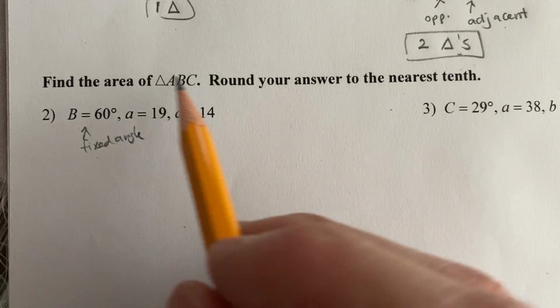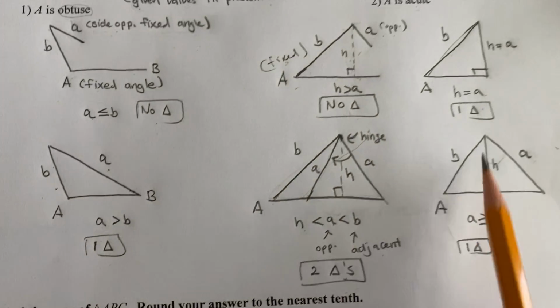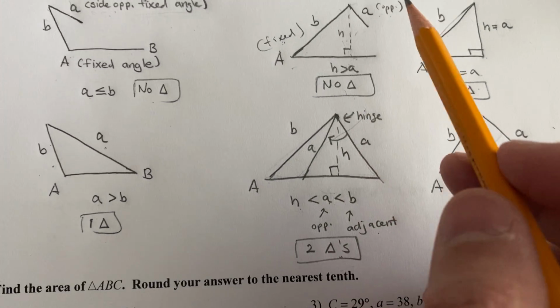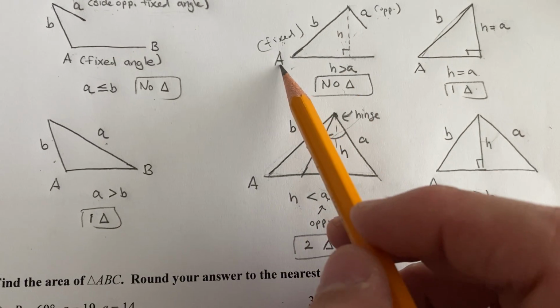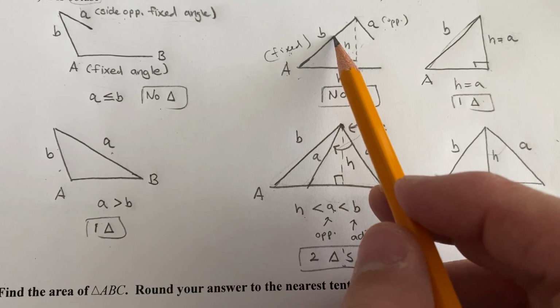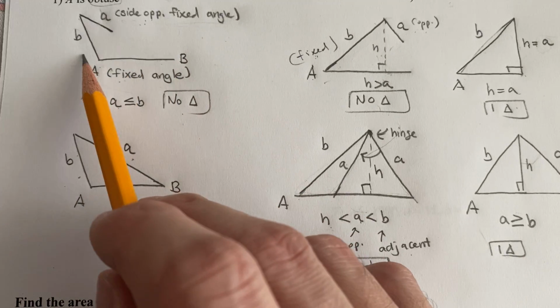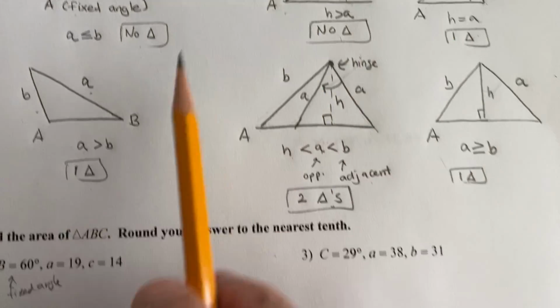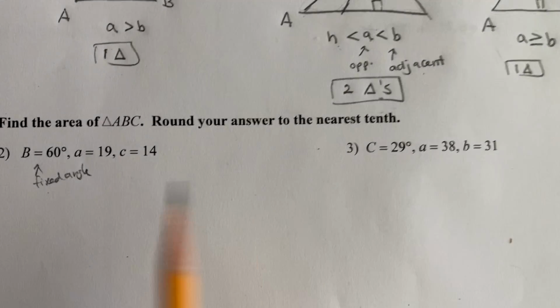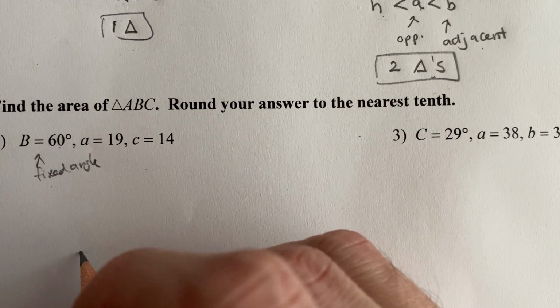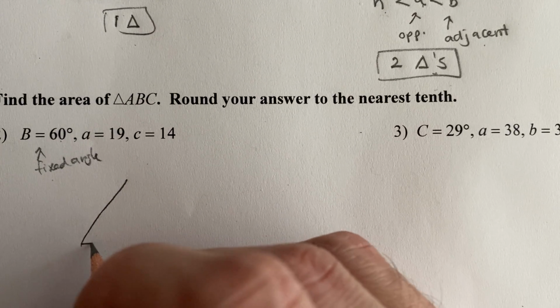Don't confuse these letters with the letters up here because they could mean different things. So try to remember in terms of opposite, fixed, and adjacent, because these letters don't necessarily correspond to these problems. My fixed angle is angle B, so it's 60 degrees. So roughly draw a 60-degree angle right here.